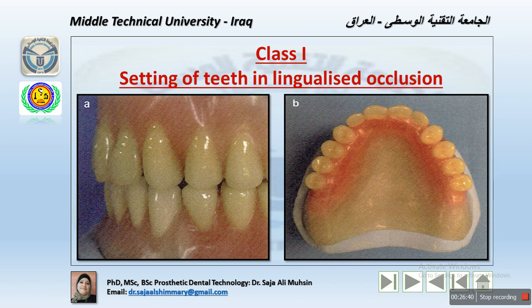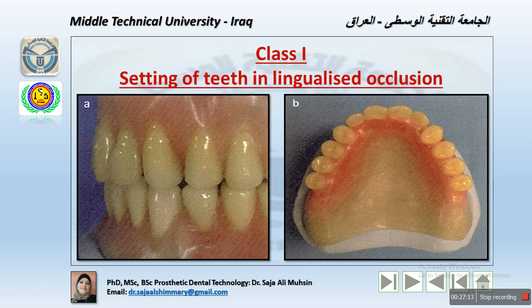Although the overjet and overbite should not be exaggerated, it is important that the lower teeth remain in the neutral zone. Look, dear students, the lower teeth within the lingualized occlusion should remain in the neutral zone and are not positioned to create an arbitrary 1 to 2 millimeter overjet and overbite. So we have to modify the overjet and overbite.